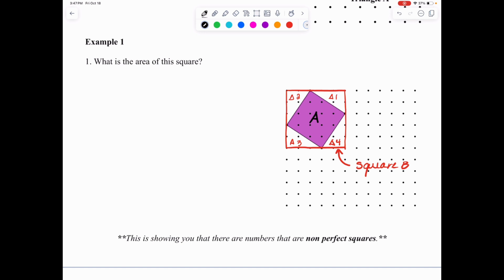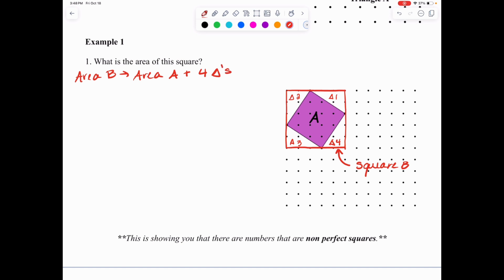Square A is too hard to find the area of. What we could find the area of quickly is square B. If we take a look at what's inside square B, isn't that really just the area of square A plus those 4 triangles? So the area of B you will get by finding the area of A plus those 4 triangles.